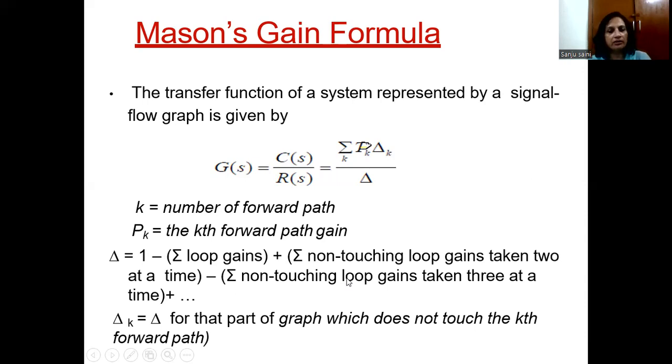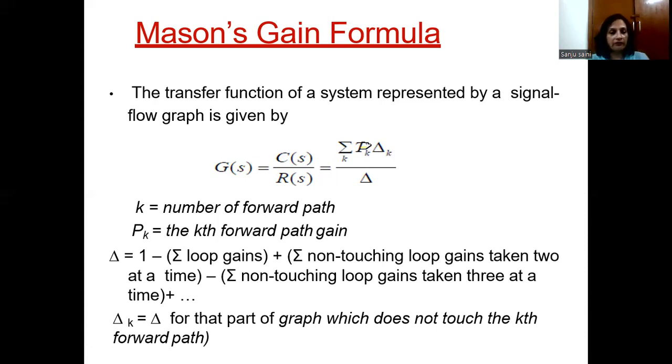This is the sum of the product of the loop gains of three non-touching loops. So this is a minus, then again plus. This is the sum of the product of the gains of four non-touching loops, and so on. This process will continue. This is the way we get the value of delta.